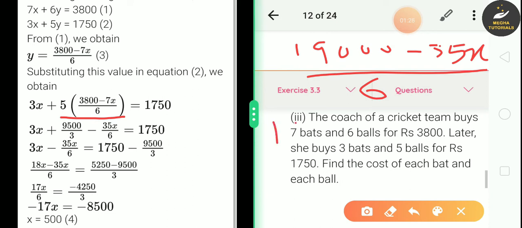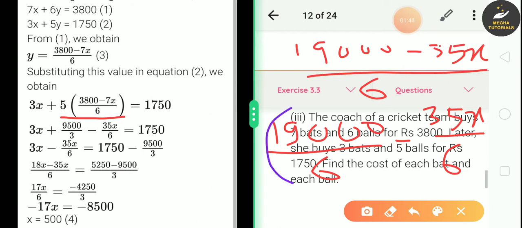Then separate the terms. So 19,000 upon 6 minus 35x upon 6. Further, if you simplify 19,000 upon 6, dividing by 2, you will get 9,500 upon 3. The simplest form of 19,000 upon 6 is 9,500 upon 3.